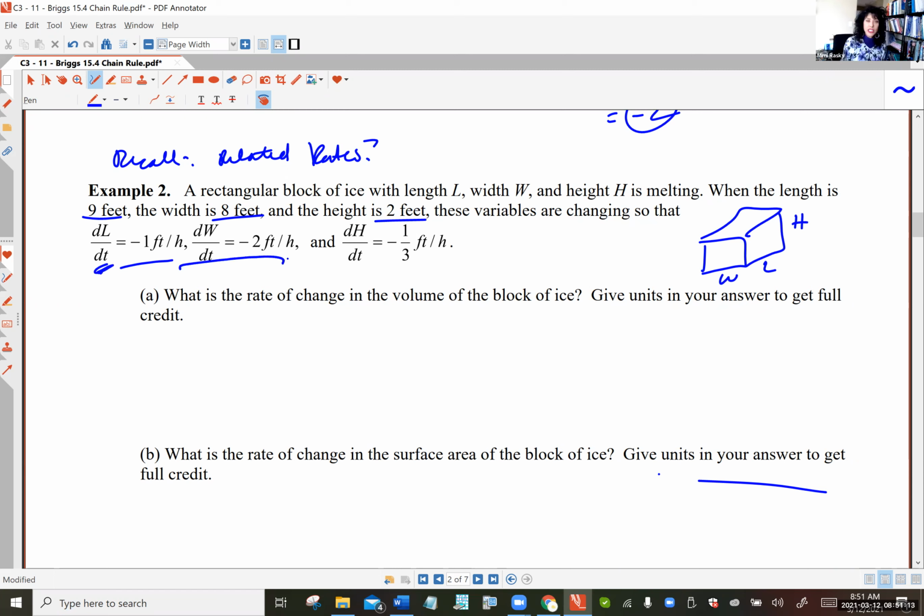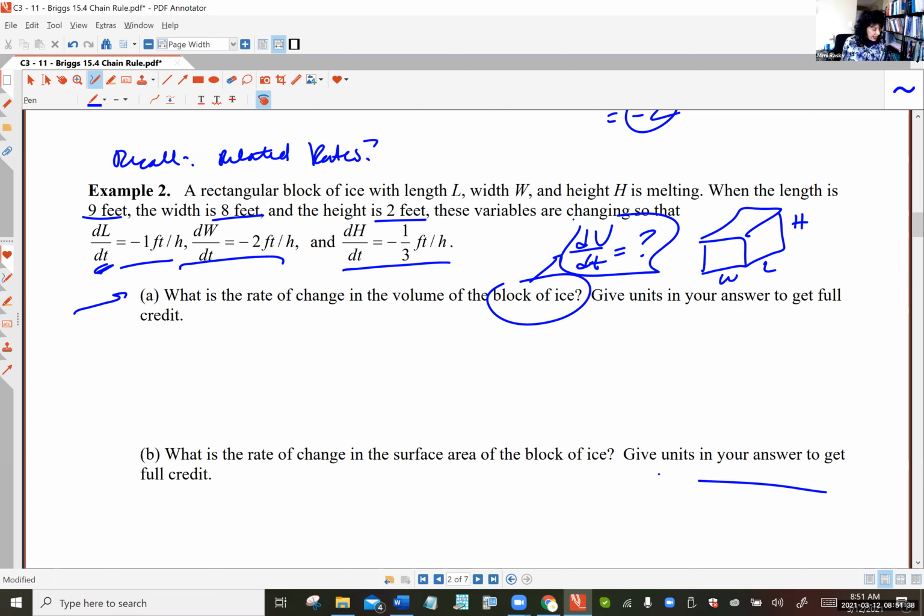The rate of change of width with respect to time is -2 feet per hour. Ouch. And the rate of change of the height with respect to time is -1/3 foot per hour. So the big question is, what is the rate of change of volume with respect to time t? That's the question.